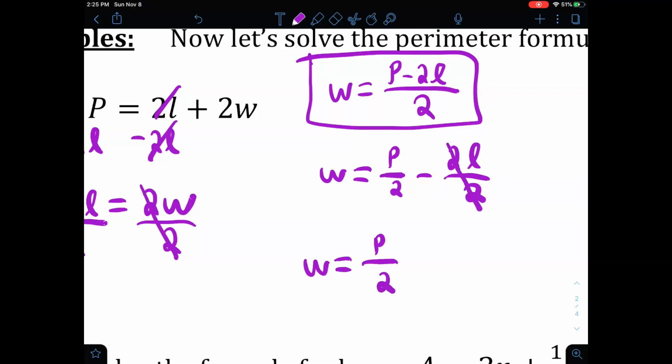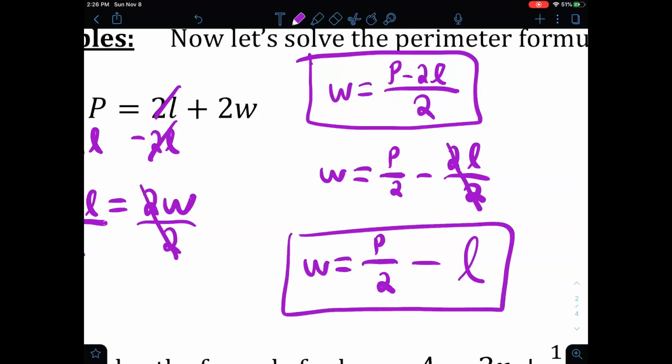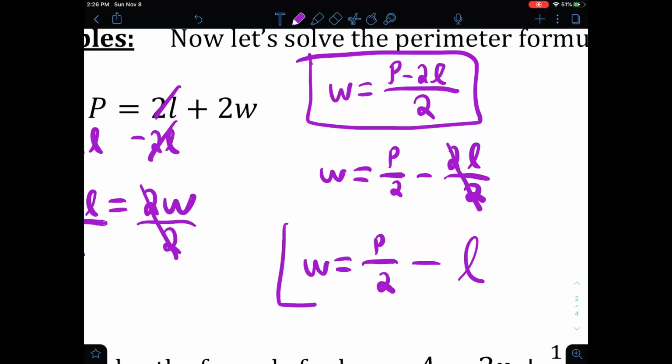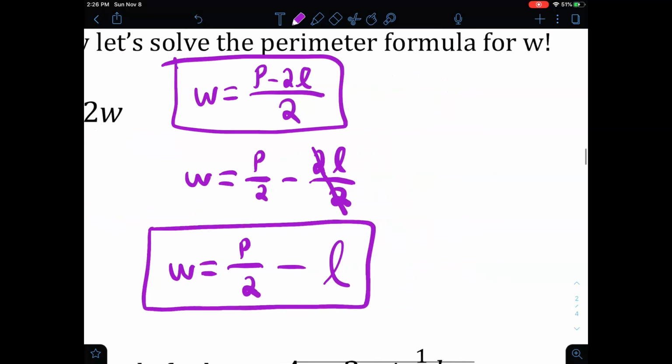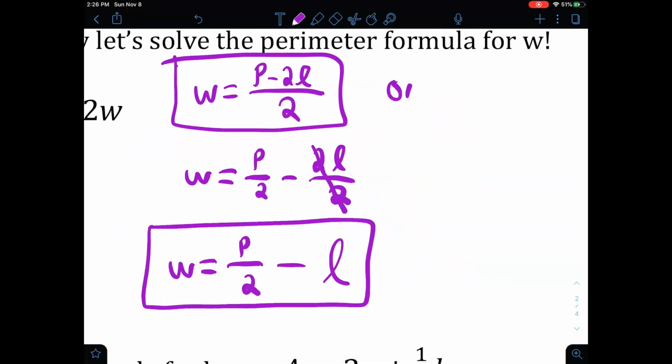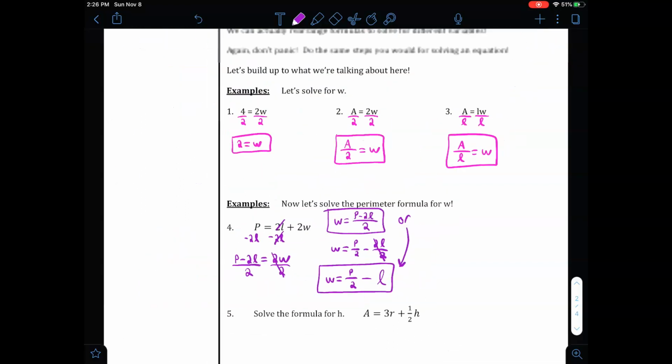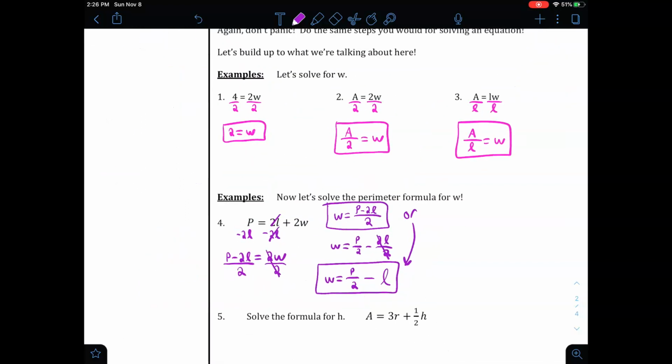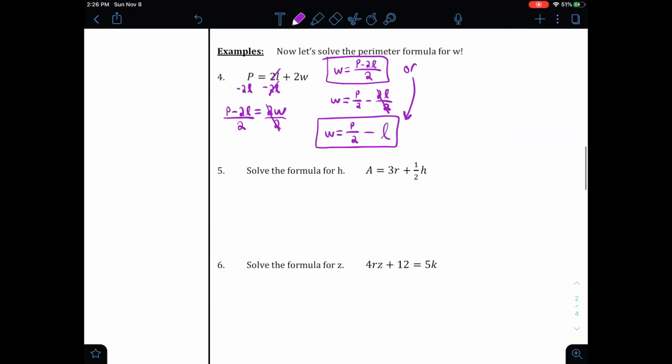Well, we can cancel out the 2's because 2 divided by 2 is 1. So P over 2 minus L is going to be our final answer here. The top equation would be fine, but the most simplified version is this one. Kind of crazy to look at, but that's just how we solve these kinds of formulas.